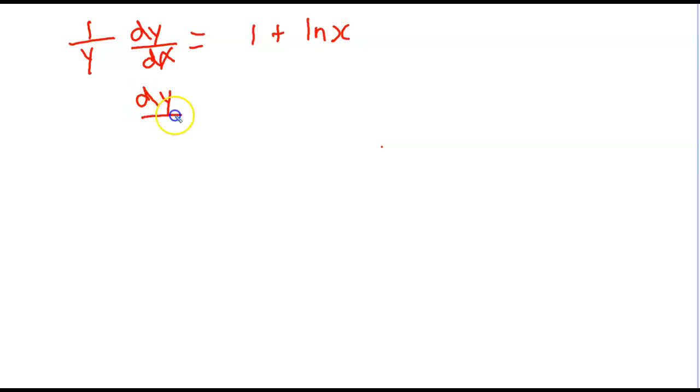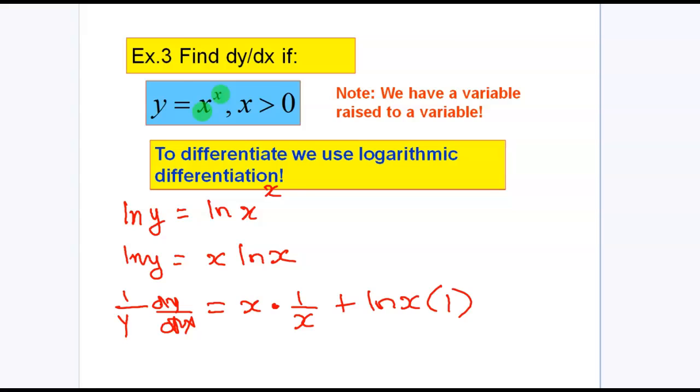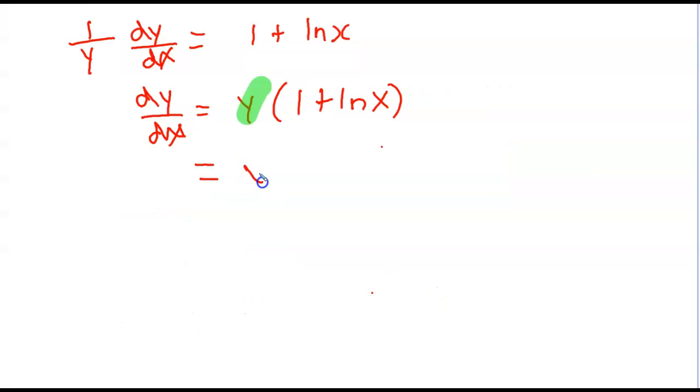Then to get dy dx by itself, we're going to multiply both sides by y. Now the question will probably replace y with x to the x, because that's what y is in the original question. So the final answer is something like that.